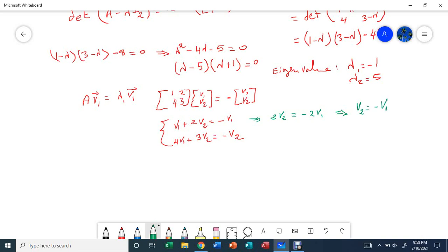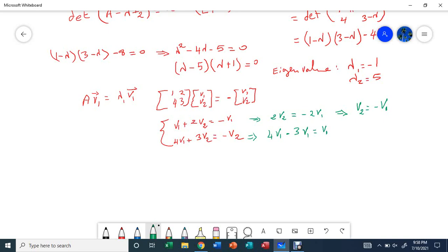Now if I replace v2 with -v1 in the second equation, 4v1 plus 3v2, which is the same as -3v1, equals -v2, which is the same as positive v1.